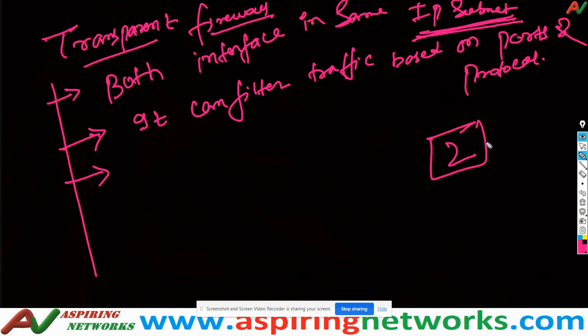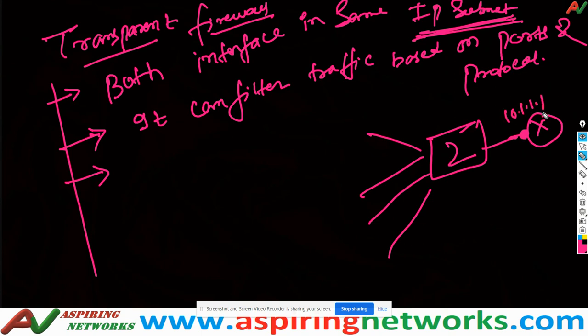Let's suppose this is a switch, and multiple PCs are connected to this switch, and the switch is connected to this router. Let's suppose 10.1.1.1 is the IP of this particular interface, right? This interface and all the PCs or hosts connected to the switch should have IP addresses like 10.1.1.2, 10.1.1.3, 10.1.1.4.